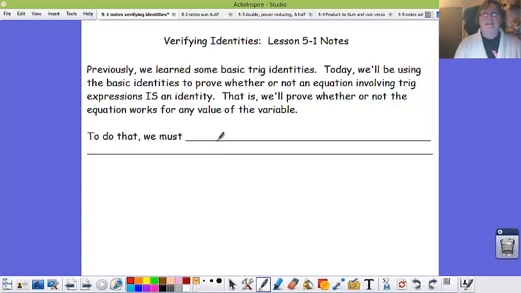To be an identity, it has to be able to work for any value of the variable.